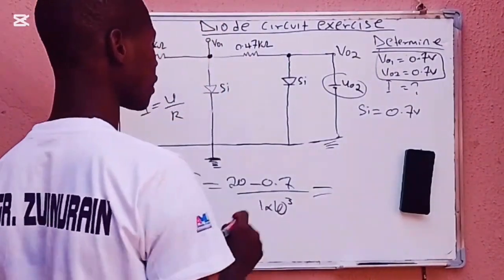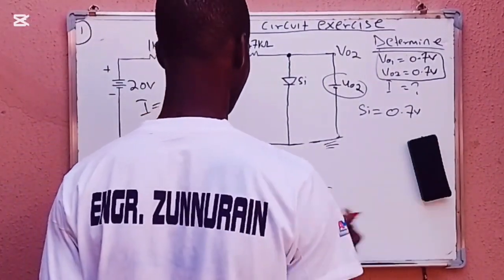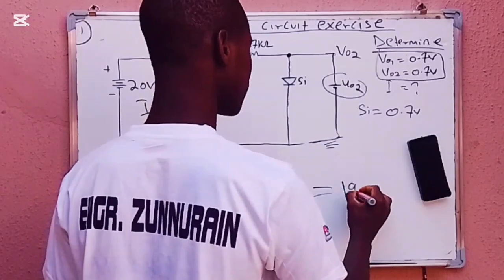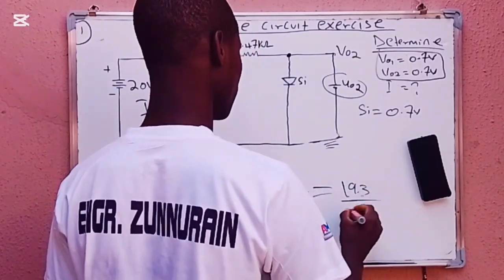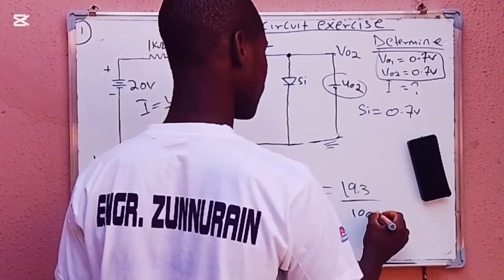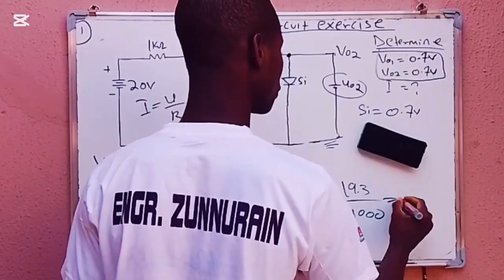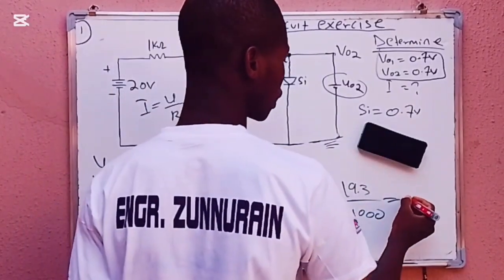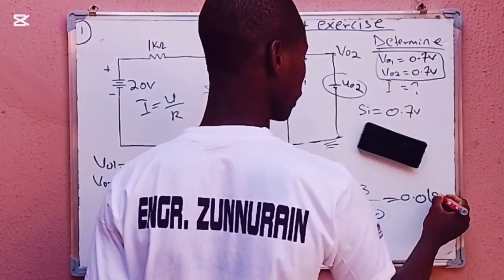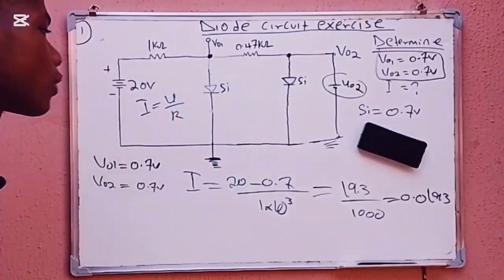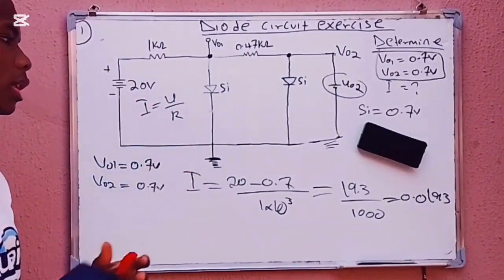So this minus this, I shall now get 19.3 divided by 1000. So this shall now be 0.0193. This is the current in the circuit.